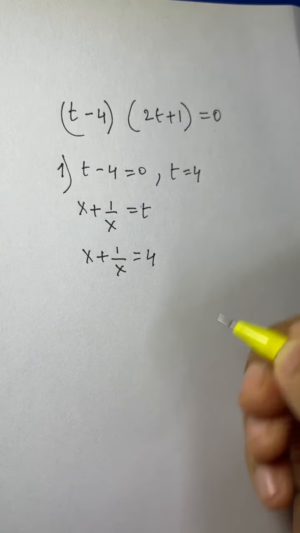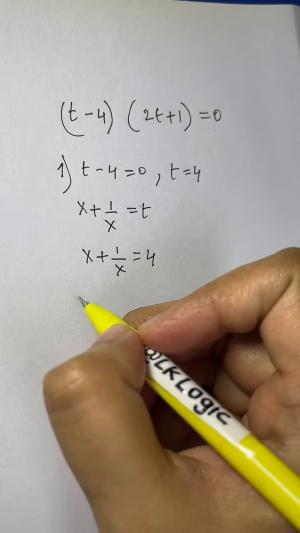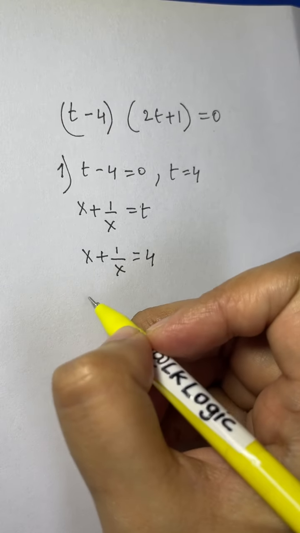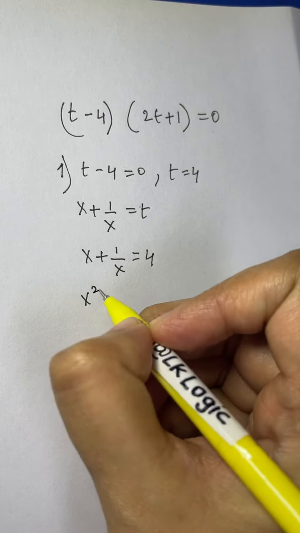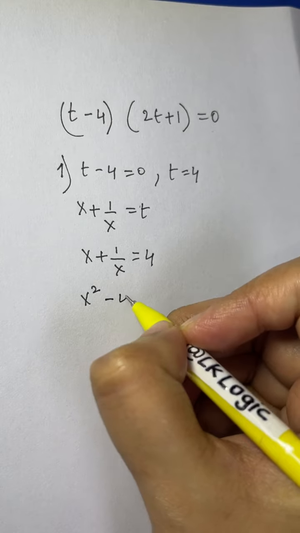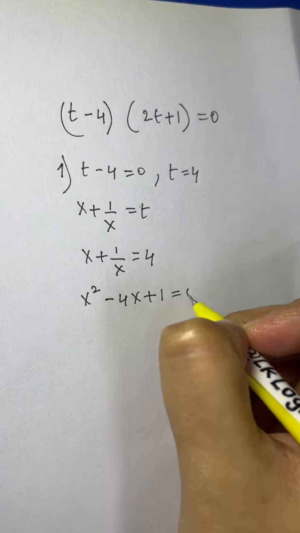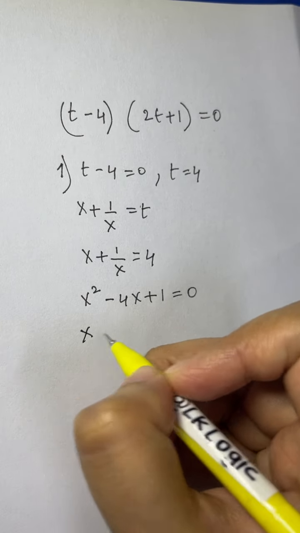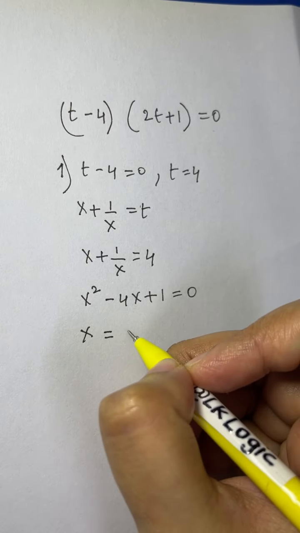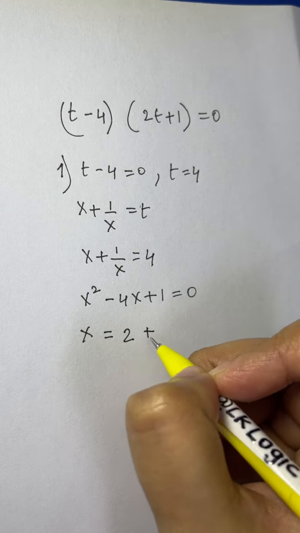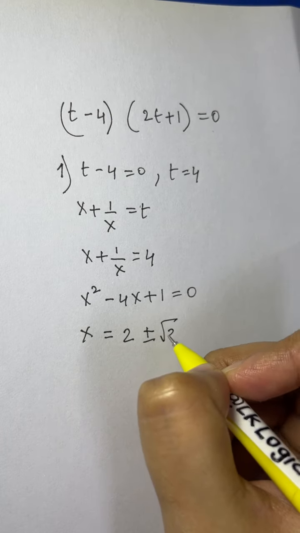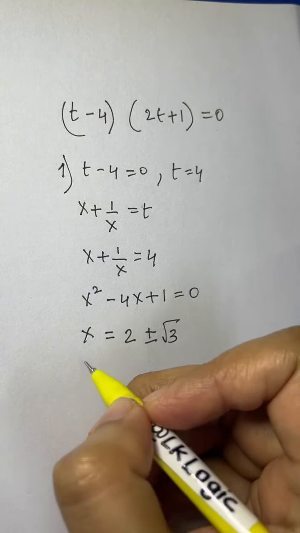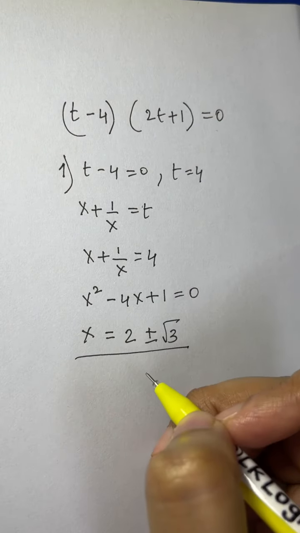Now you'll get again a quadratic equation. Multiply both sides by x, so you get x squared minus 4x plus 1 equals 0. Now when you solve using the quadratic formula, you get x is equal to 2 plus or minus root 3. This is the value of x.